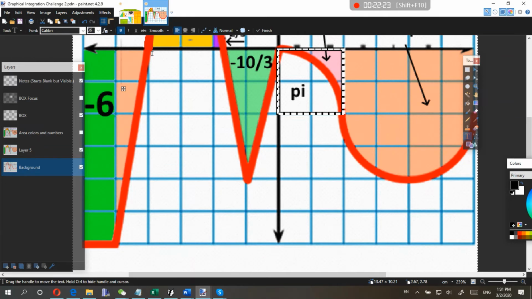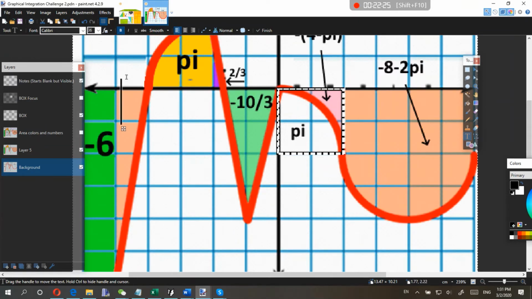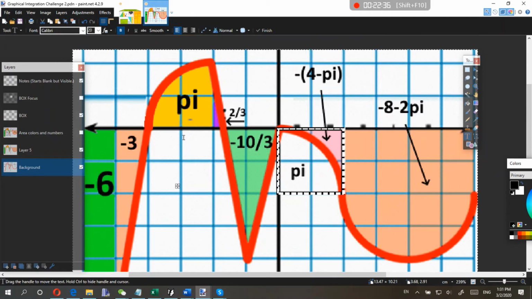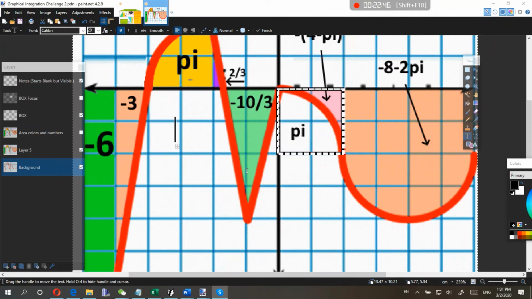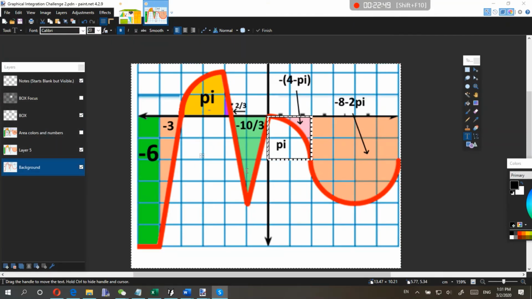This normal triangle is 1 by 6, which is negative 3 units below the curve. Any questions on how we got areas here? All right. So I'm going to copy these areas and we'll start answering questions.